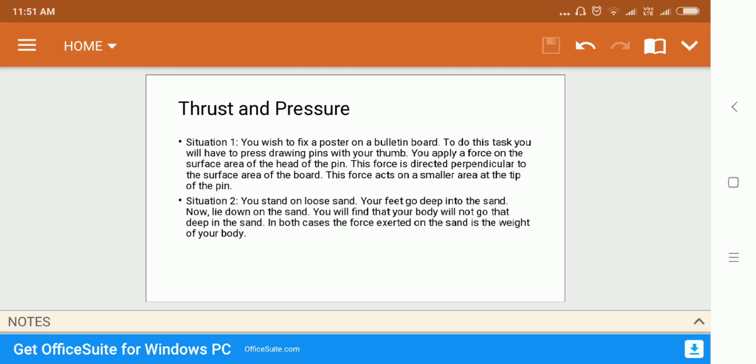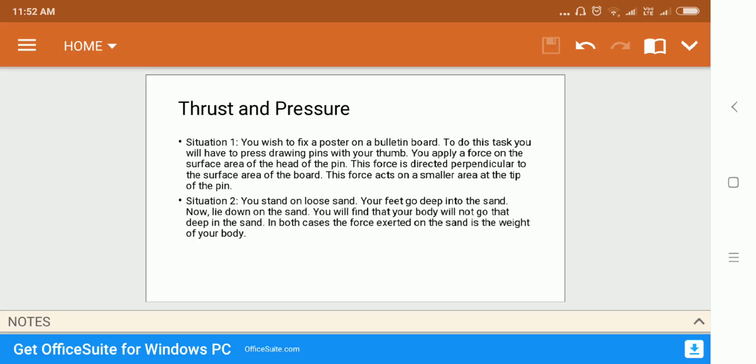The second situation: while you stand on loose sand, your feet go deep into the sand. Now, instead of standing, while you lie down onto the sand, you will observe that your body does not go as deep compared to the earlier case of standing on your feet.